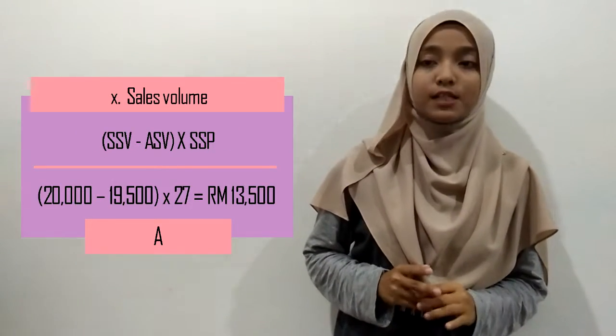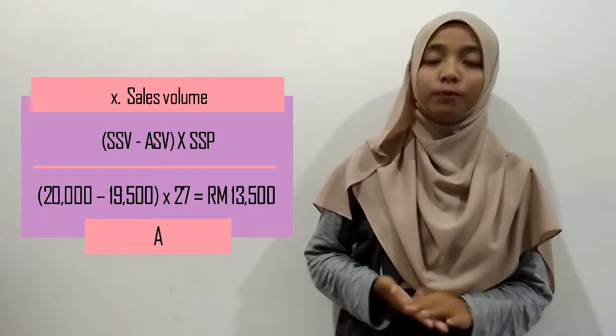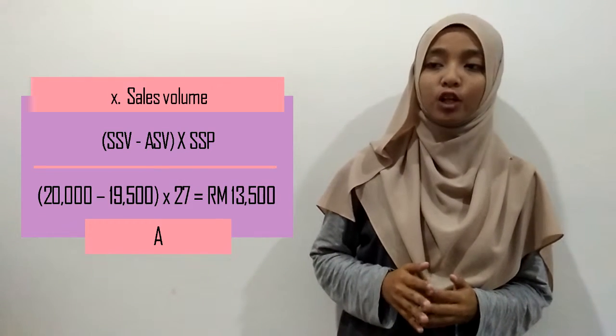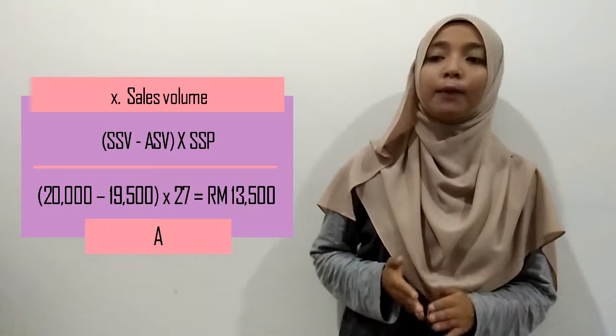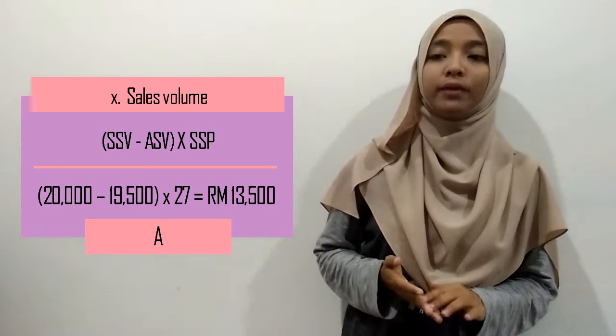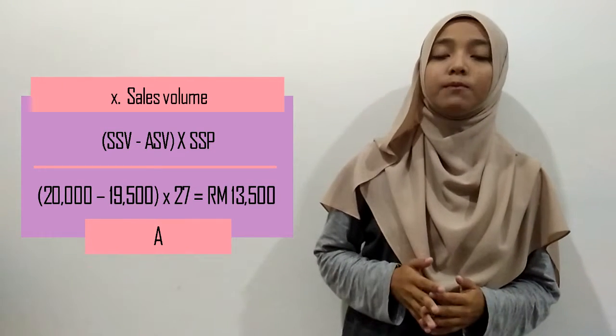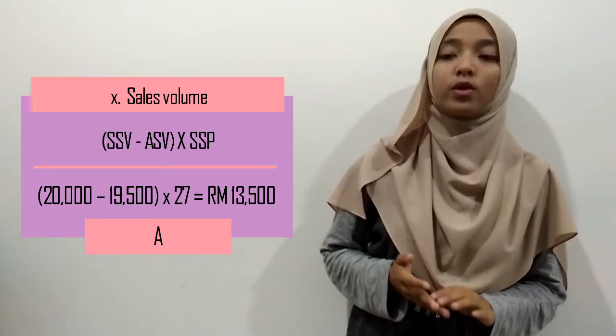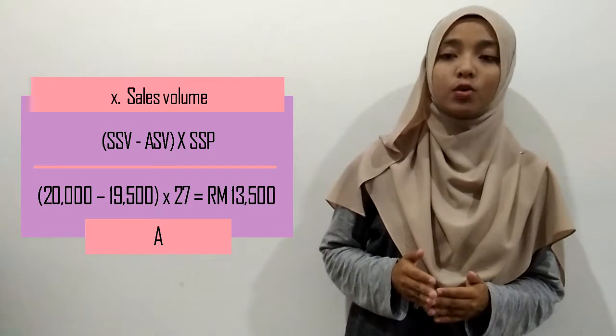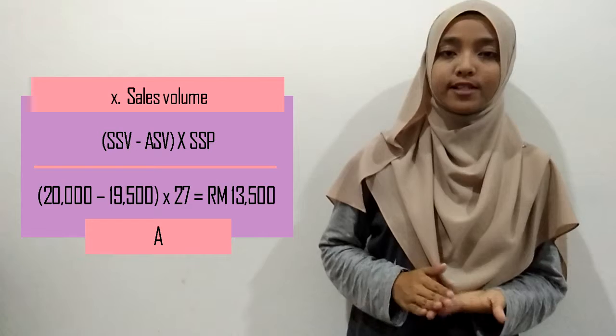And lastly, sales volume. To find sales volume, we use the formula standard sales volume, which is 20,000, minus actual sales volume 19,500, times standard sales price, which is 27. So we will get 13,500, also adverse.